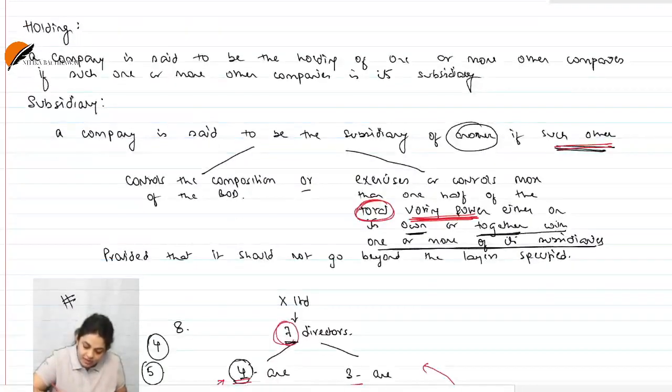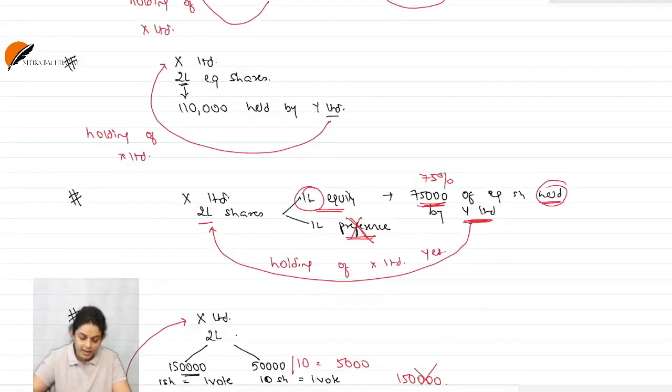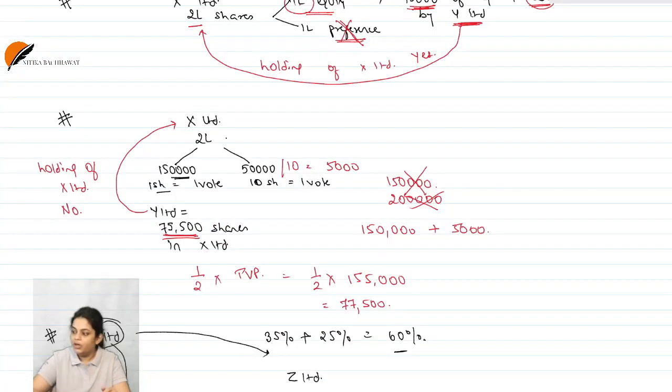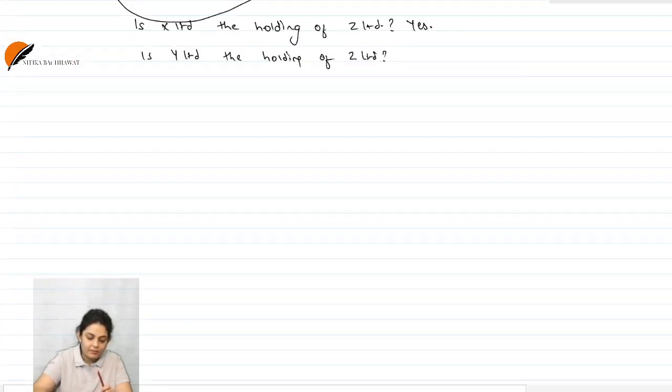Now what is given? Exercises or controls. So I either exercise it directly or control it through my subsidiary, either on its own or together with one or more of its subsidiaries. I hope it is clear to everyone. So here standalone, if I see X Limited alone, the holding is not that much. If I see Y Limited alone, the holding is not that much.